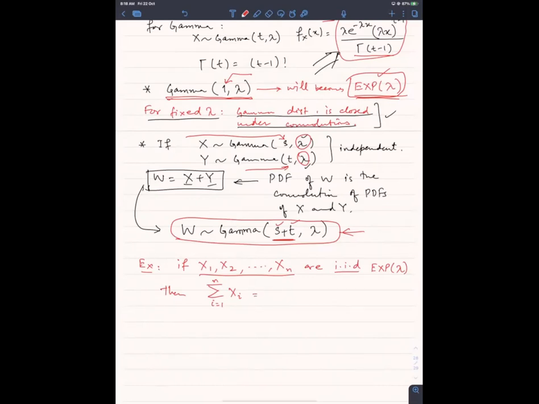So you will end up getting, this guy will have a distribution of gamma n comma lambda. So exponential lambda is the waiting time until the first event to occur. Gamma n comma lambda is the waiting time until n events to occur, and it makes sense that x1 plus x2 all the way up to xn is represented by the gamma distribution.